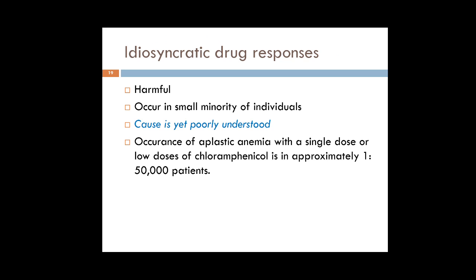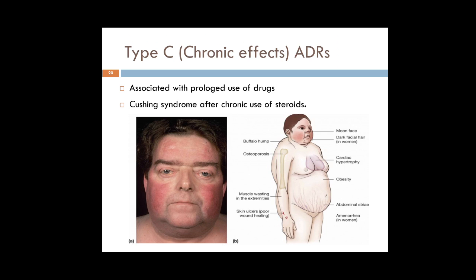Another example of this is the occurrence of aplastic anemia with a single dose or low doses of chloramphenicol, which occurs in approximately 1 in 50,000 patients. Aplastic anemia is a type of anemia where the blood cells get depleted because of the drug. It is seen with the use of chloramphenicol, which is an antibiotic. This effect is seen in 1 in 50,000 patients.